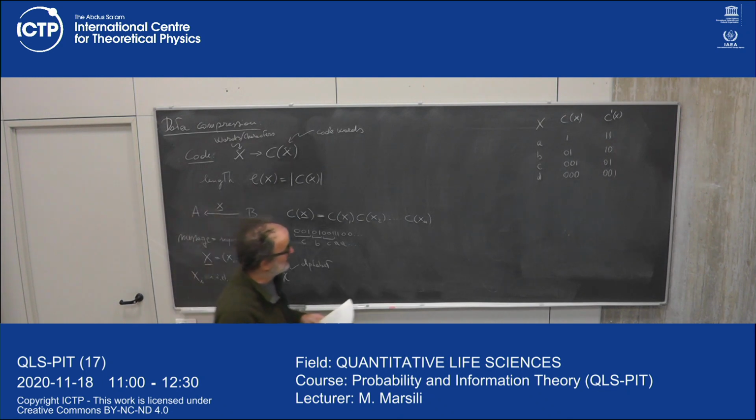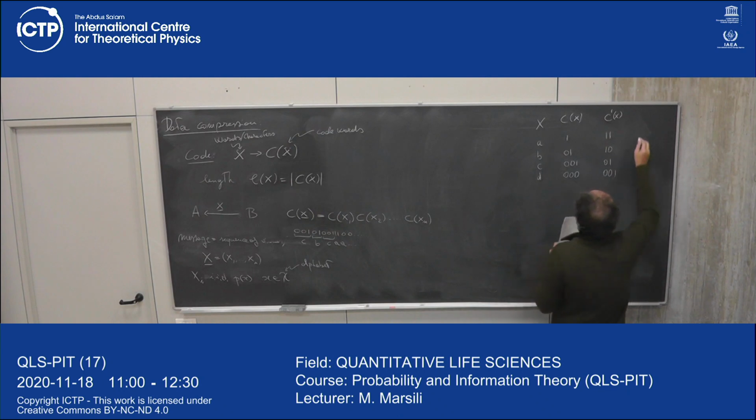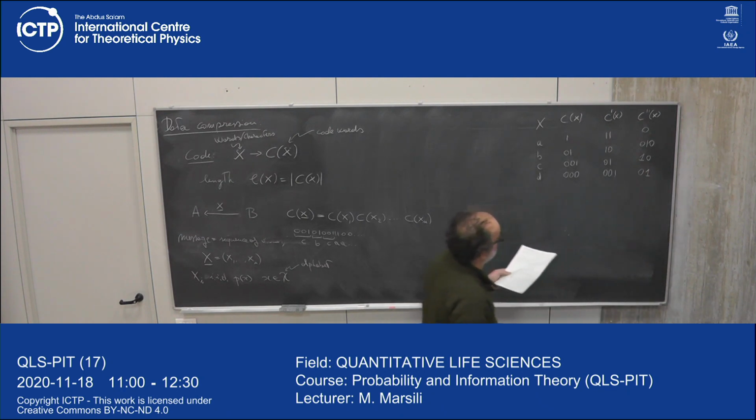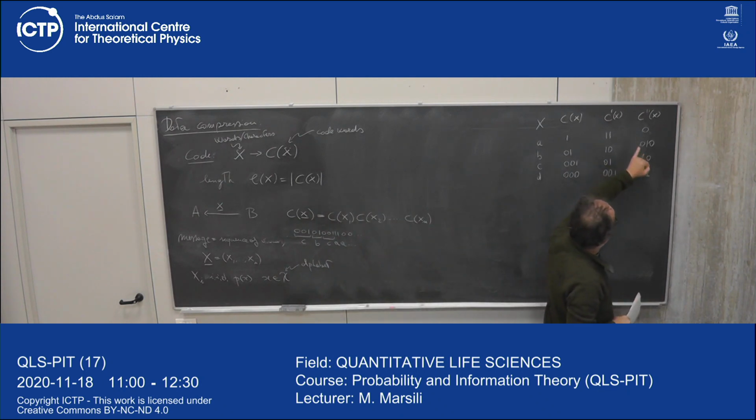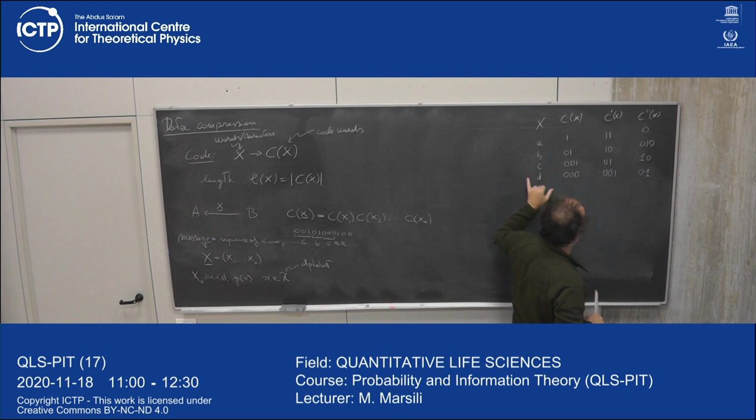There are other codes that instead say, if you define another code as, say, 0, 0, 1, 0, 1, 0, and 0, 1. So you can see that this code has a problem, because when you encounter a 0, 1, then you don't know whether you are dealing with a B or a D.